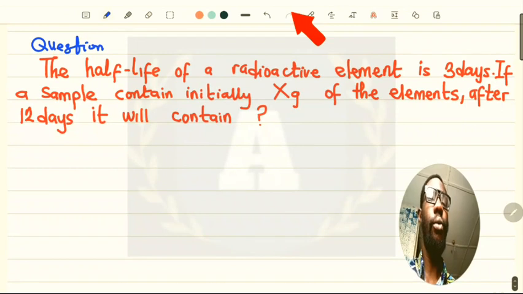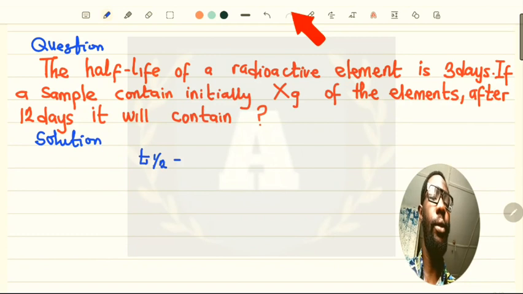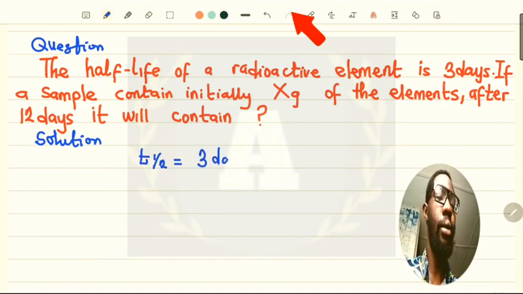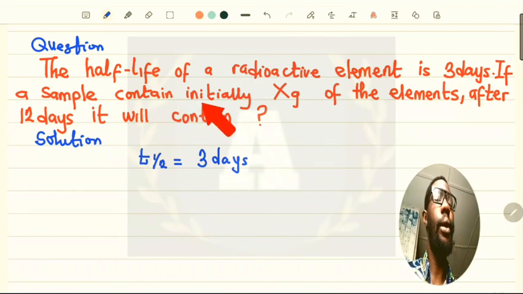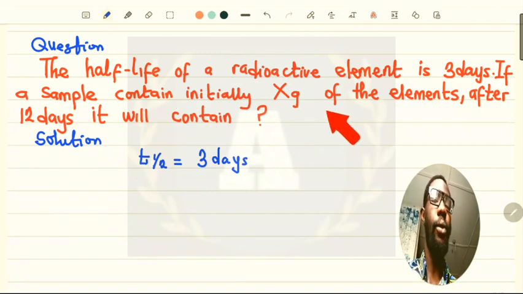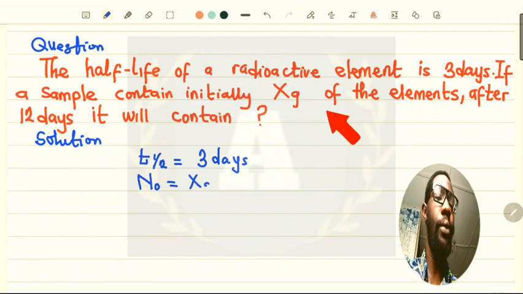So how do we unravel a question of this nature? The half-life has been given to be 3 days, and the initial mass of the sample is x gram of the element.